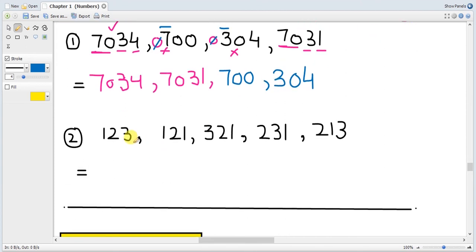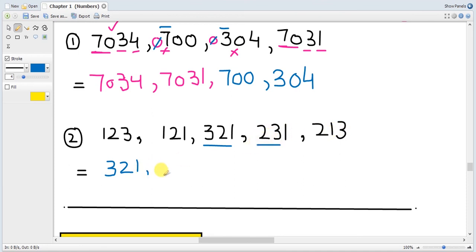Now solve the question on your own and then play it back to match the answers. So I'm solving it directly. The biggest number is 321. Write it. After 321, is there any other 300? No, there is 200, yes, but we have two 200s.